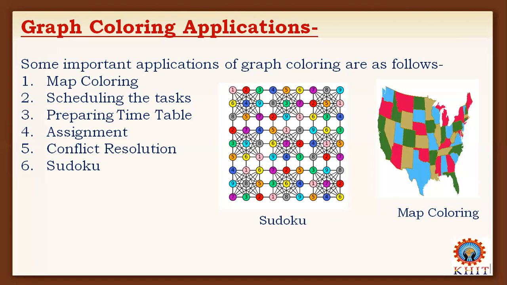You can color the graph in such a way that all the vertices are colored so that the ends of an edge do not have the same color. In such a way we need to color the vertices. So these are various notable and important applications of the graph coloring problem.